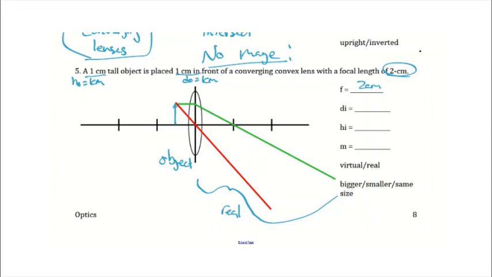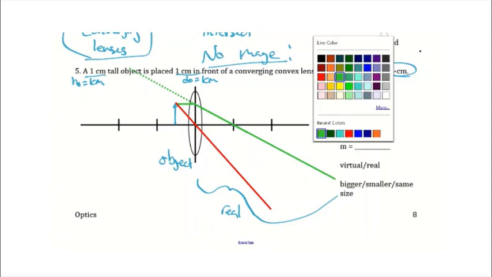So those are the rays on the right-hand side of the lens. So we're going to extend this line backward. And we'll do the same with the other line.